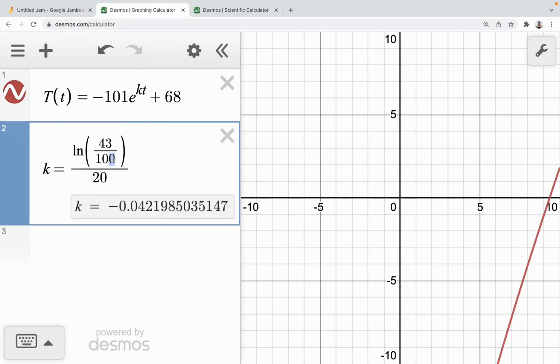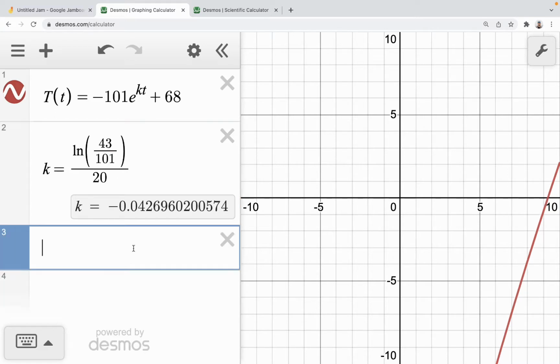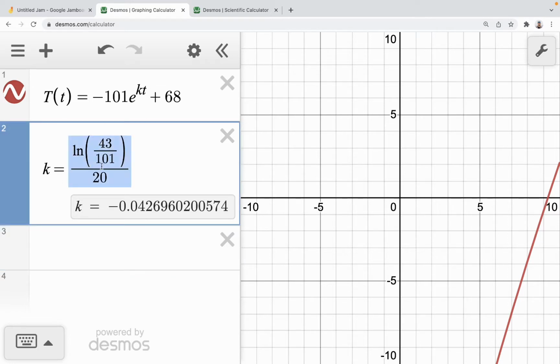Okay, and so that makes this a little simpler. It puts that in a separate spot, but it also gives us the full precision of it.